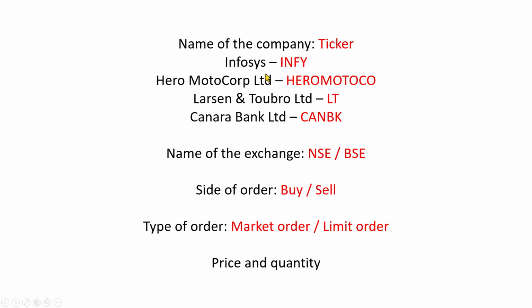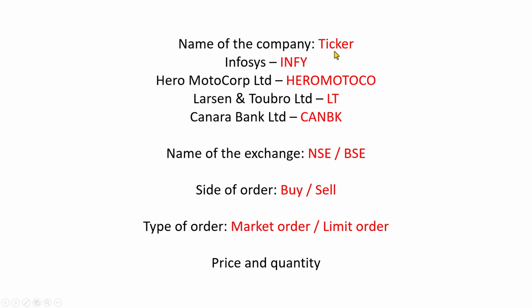First, you need to know and decide the company in which you want to invest or trade. Now, let us say you want to invest in Infosys. You want to buy shares of Infosys or stocks of Infosys. Now, all the companies have something called a ticker.